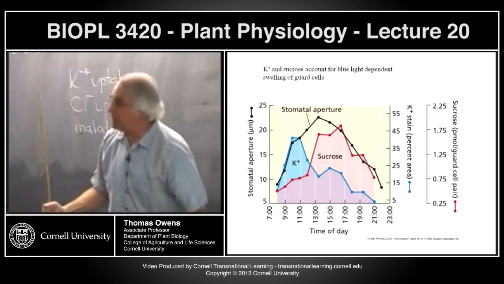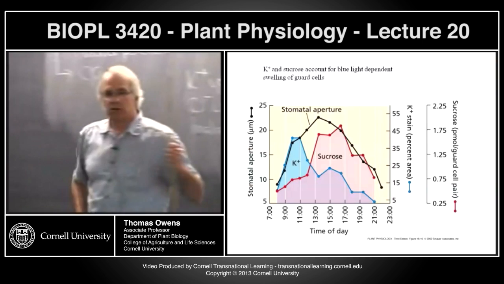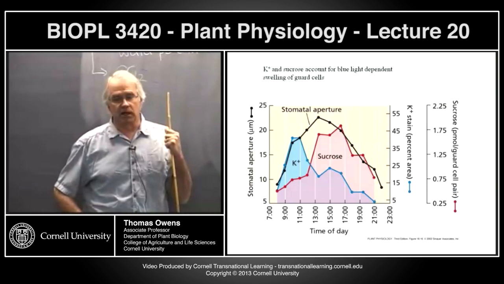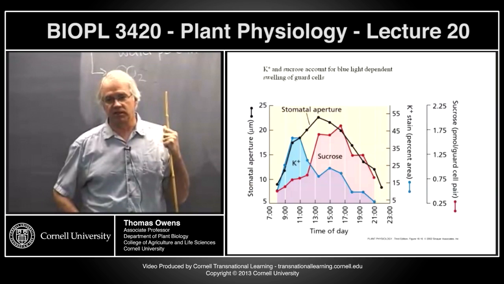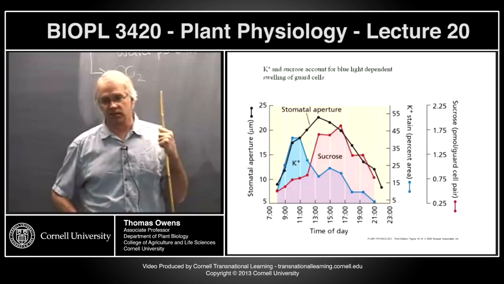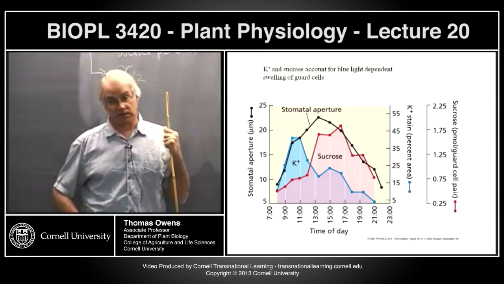Okay, so let me reiterate then about guard cell photosynthesis. The chloroplasts in the guard cells are completely capable of photosynthesis, but not at the same level that mesophyll cells are. Guard cells are always net importers of carbon.